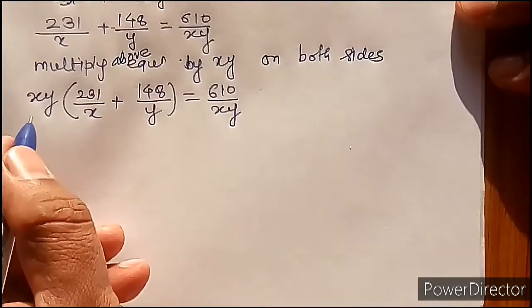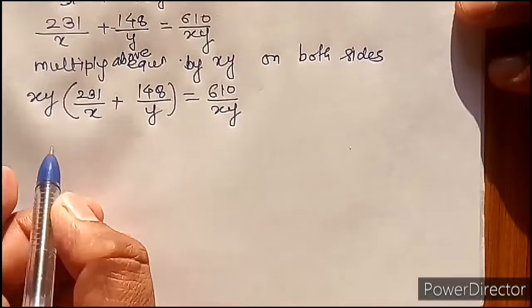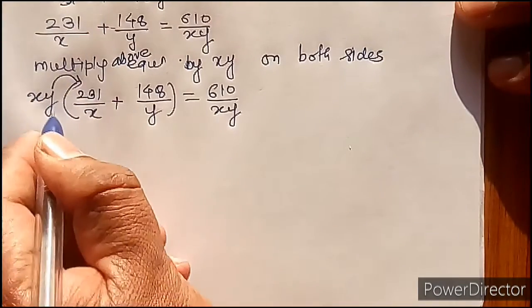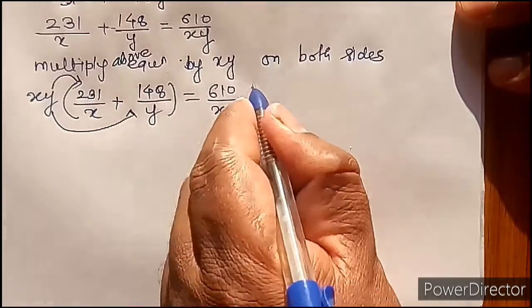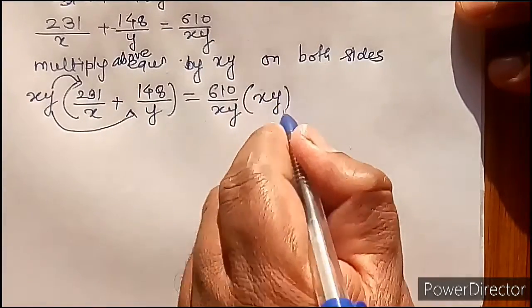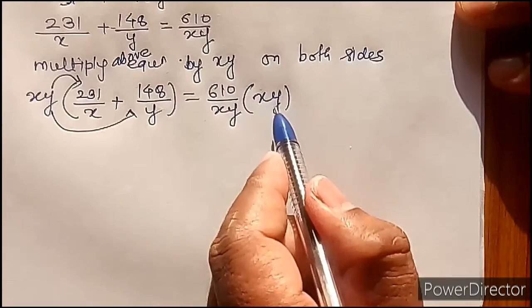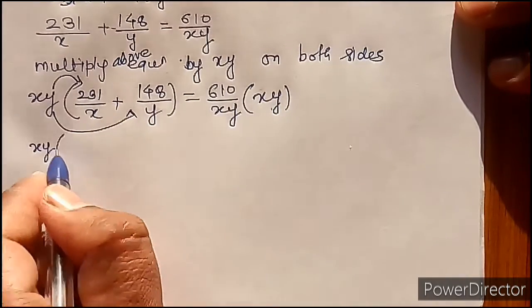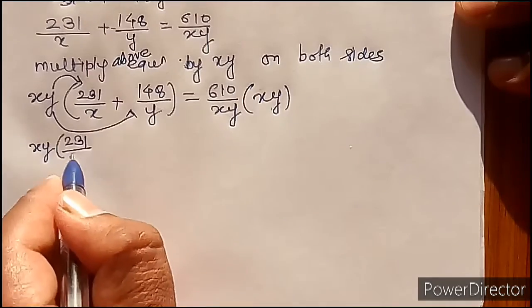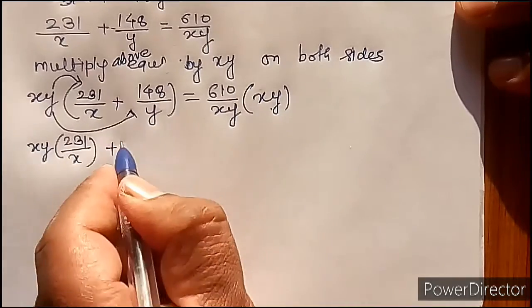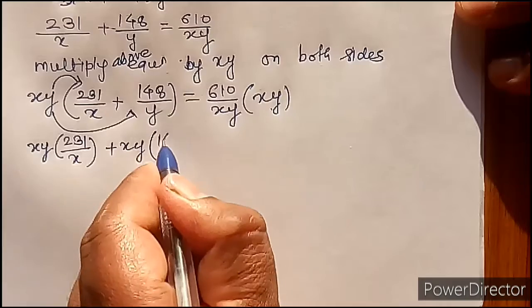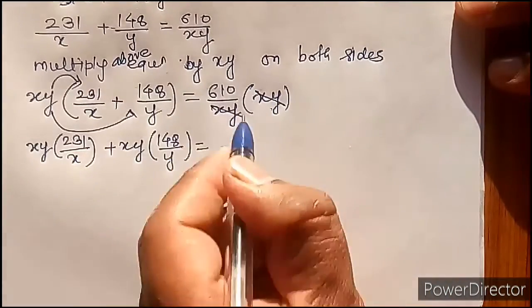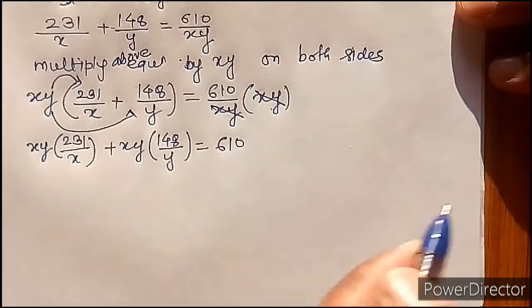Now here we are multiplying by xy on both sides, that is, separately multiply xy first with this and then with this. And here we also have to multiply by xy, because we are multiplying xy on both sides. Now separately multiplying xy into 231 by x plus xy into 148 by y equals, the xy gets cancelled, and only 610 remains.